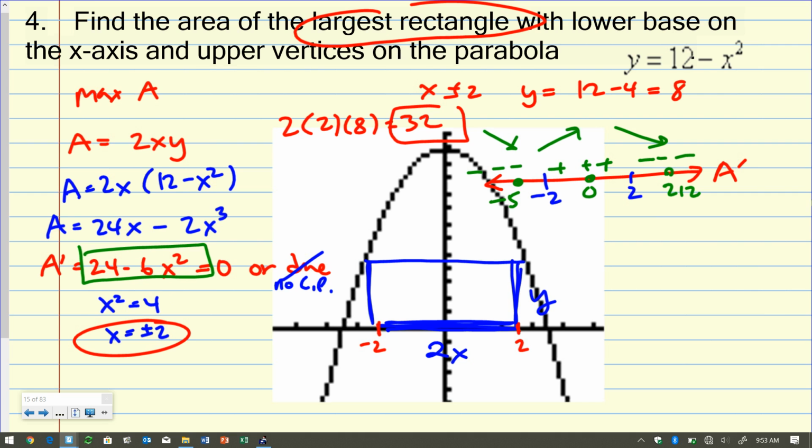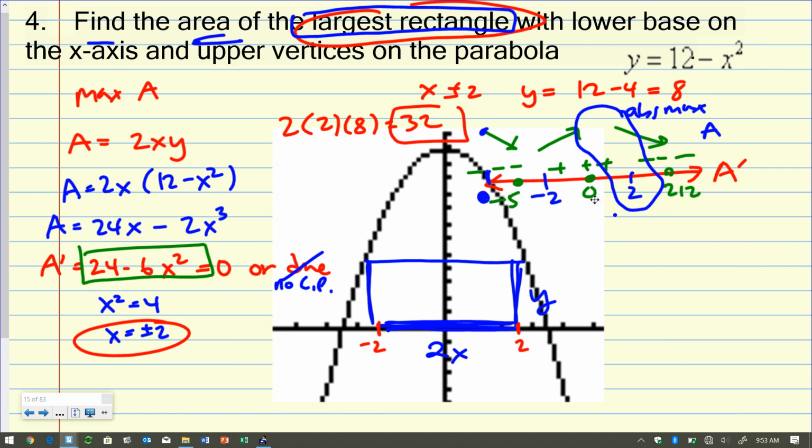Okay, now let's think about this. What did they ask me for? The maximum what? Area. So guys, if this is A prime, this is A. So where does the absolute max of area occur? Right, it's going to occur right here at your 2. It could occur at the endpoints. But if you think about the endpoints, this endpoint here is when area is 0.